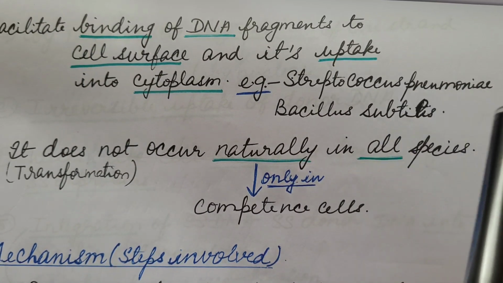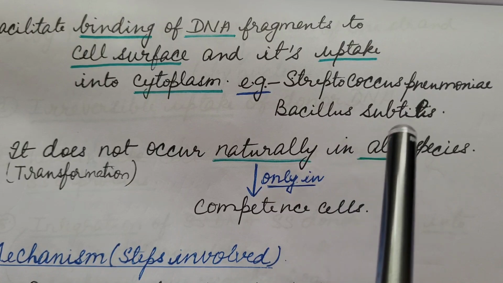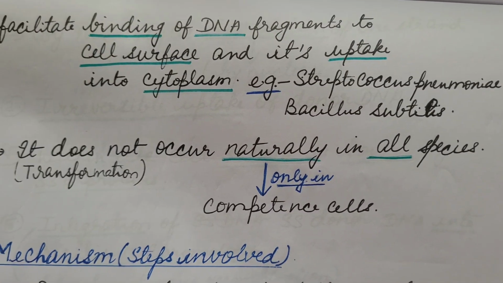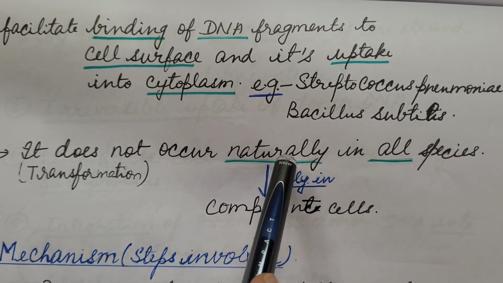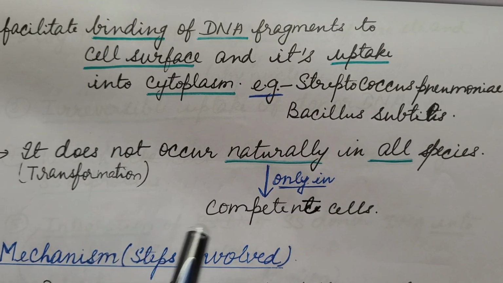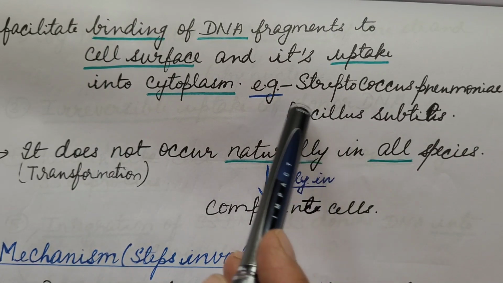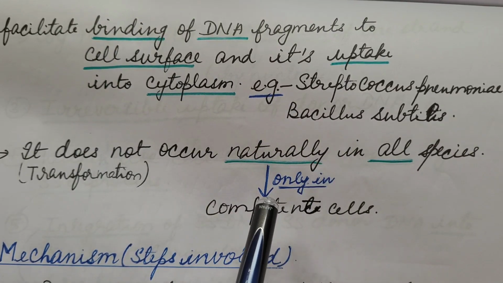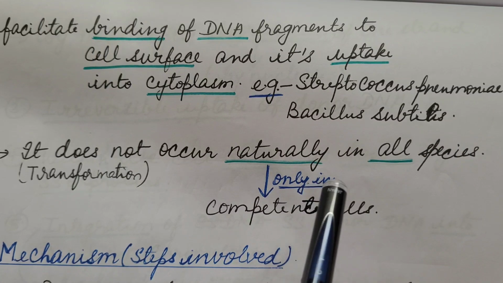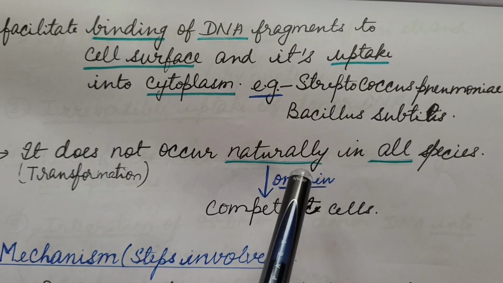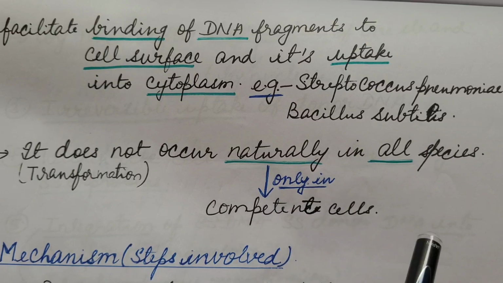Examples: Streptococcus pneumoniae, Bacillus subtilis, etc. Transformation does not occur naturally in all species, and in species in which it occurs naturally, it does not occur in the entire population but only in competent cells.